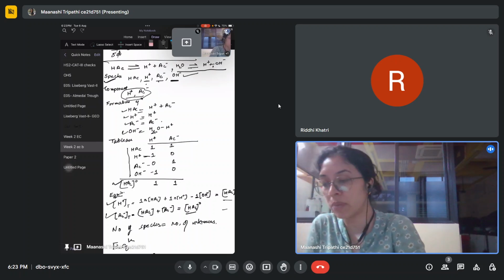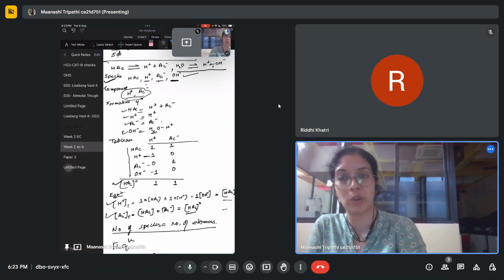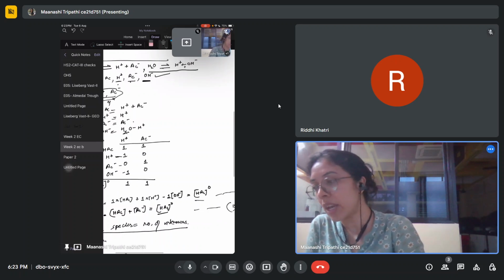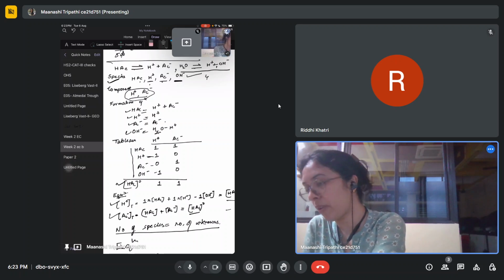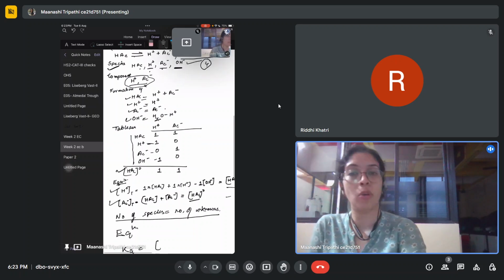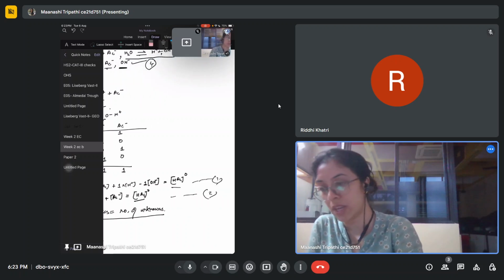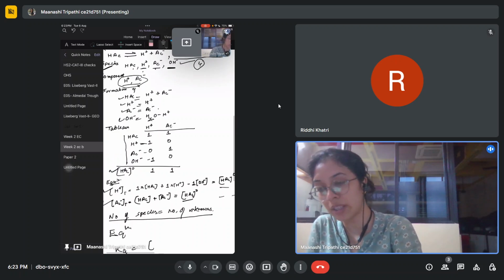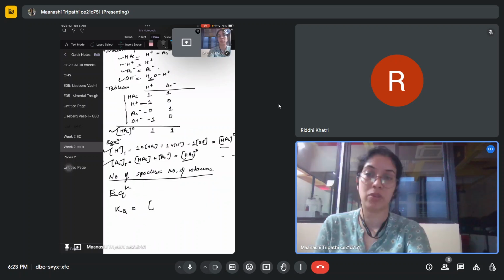We also identified that the number of species is equal to the number of unknowns. Here the number of species is 1, 2, 3, 4. But from the component balance we were able to get only 2 equations. So how will we get the other equations? We can get them from equilibrium equations.